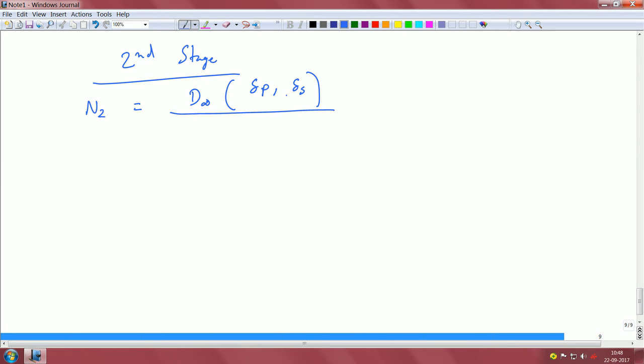So, for delta p upon 2, delta s, and the transition band is between 50 and 45 hertz divided by the input rate, which is now 200 hertz, right.